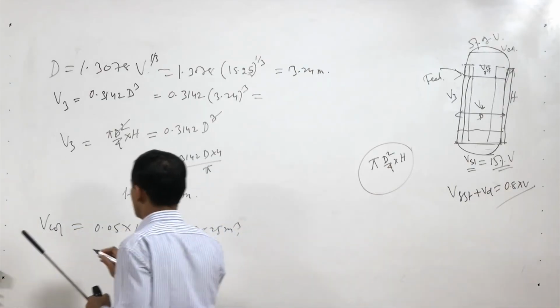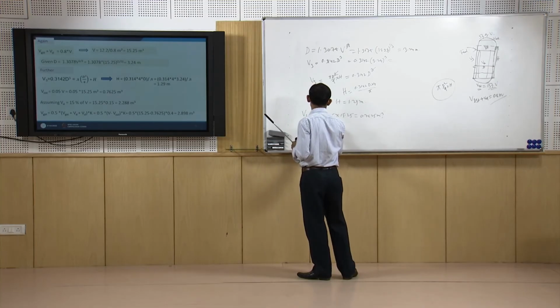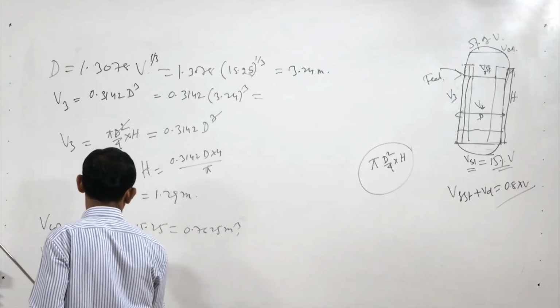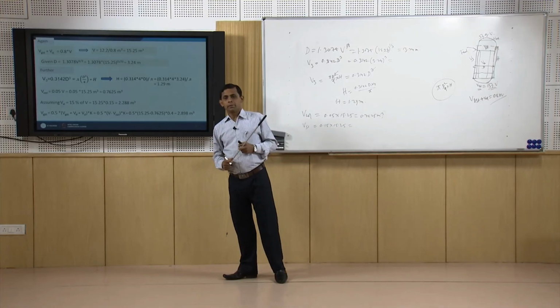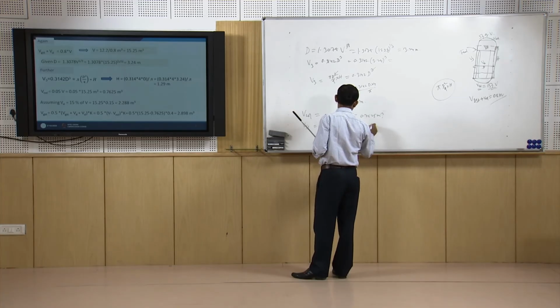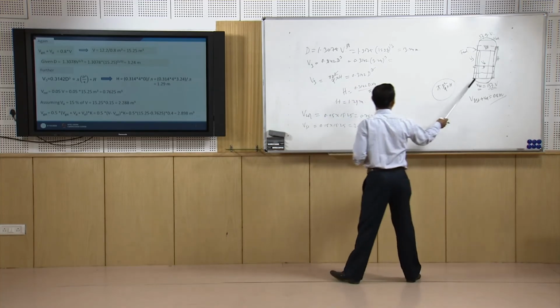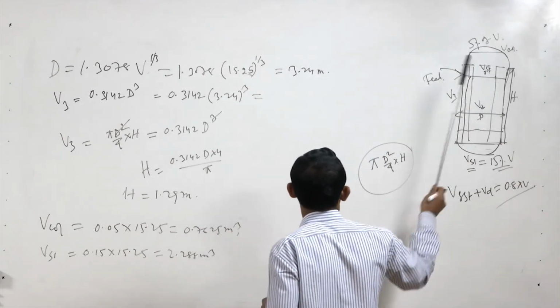Then V sludge is equal to 0.15 into 15.25, which is 2.288 meter cube. So we have got these, and we have to calculate the remaining zones.